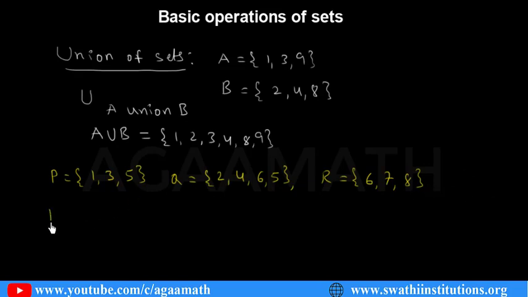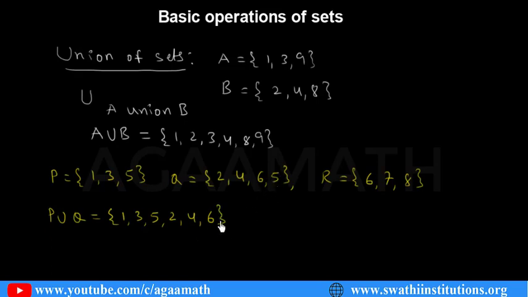Now my question is, what is P union Q? P union Q means we have to take the elements from P and Q into one set. So 1, 3, 5, 2, 4, 6.